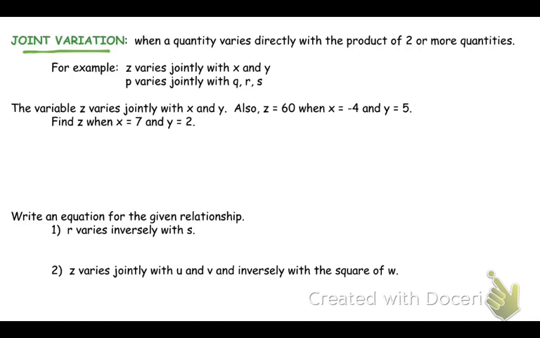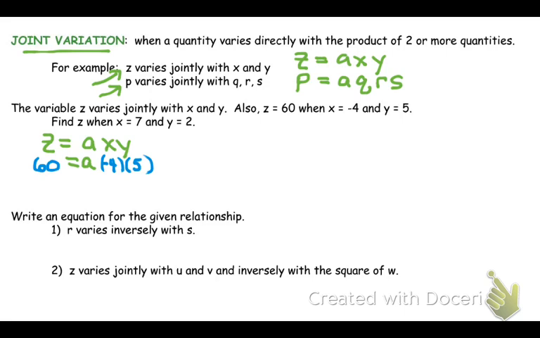So for instance, this first one, z varies jointly with x and y, that would be written as z equals axy, and a is a constant. Then we have the second one, p varies jointly with qrs, so that would be p equals a times q times r times s.